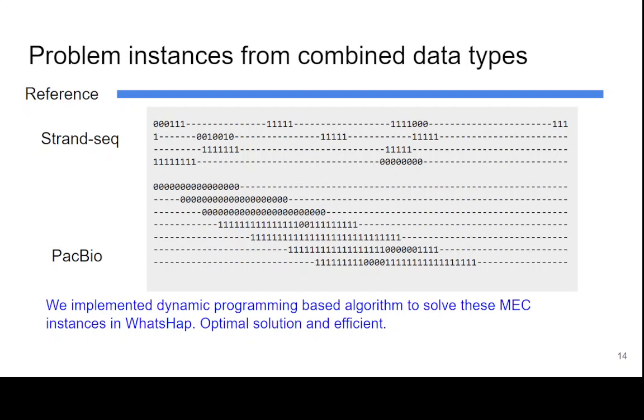So next, the question is how can we solve these instances that include some sparse information and also this dense information in an optimal manner to produce the whole chromosome haplotypes. To solve that, I implemented a dynamic programming-based algorithm, which actually solves these instances in WhatsHap, and gives an optimal solution and can phase a human genome in about an hour or so with a standard program.